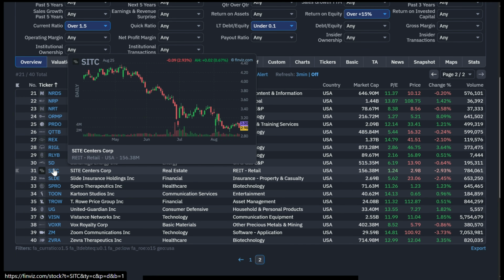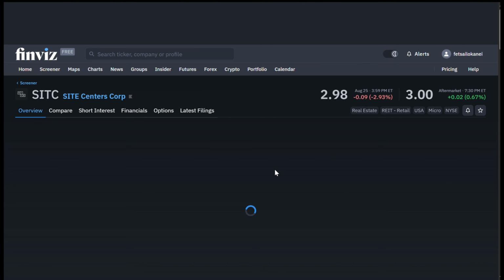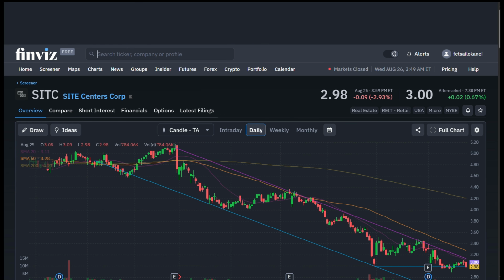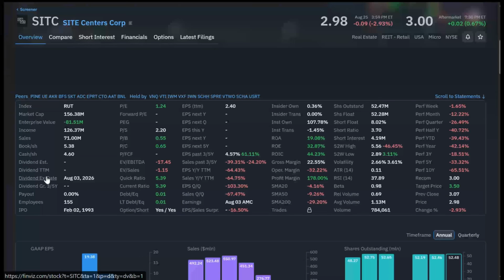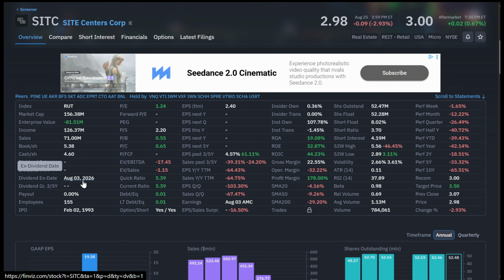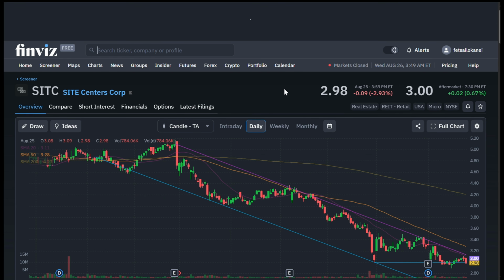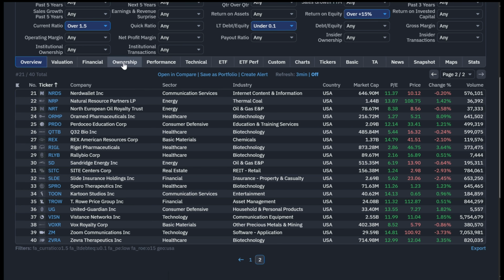These do change with time. Site Centers Corporation is one. As you know, REITs pay monthly dividends, so if this is not paying monthly dividends, that's something to question. That's an example. With very few companies, sometimes there's a limitation.